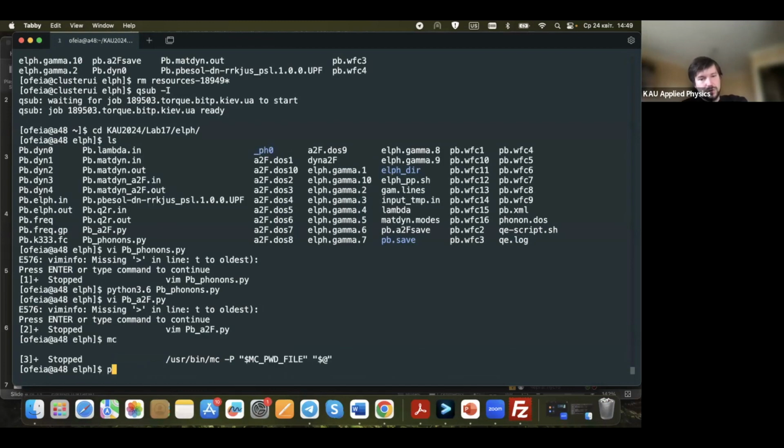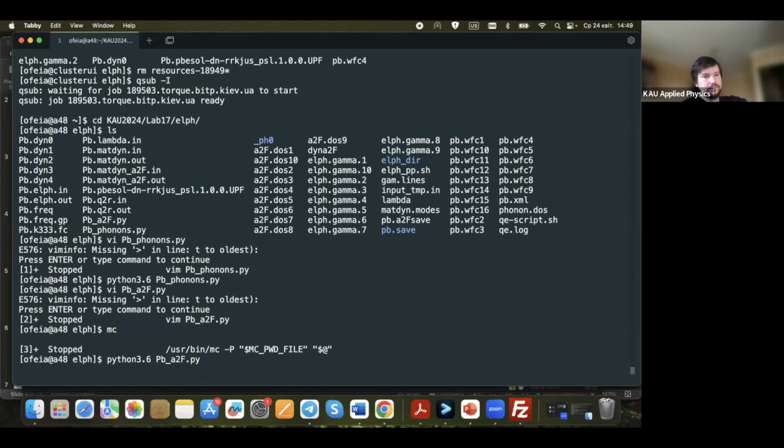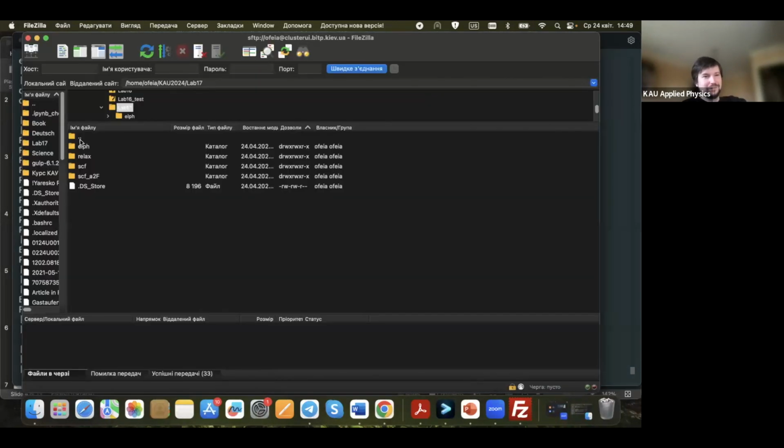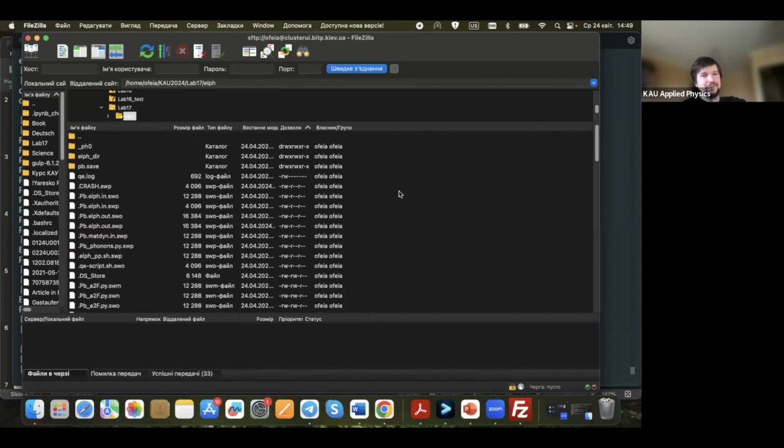Now I want to launch it. Hope the plots will not be so ugly, but I'm not sure. Maybe it also will be super ugly.